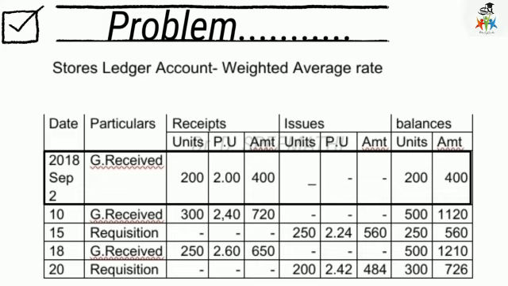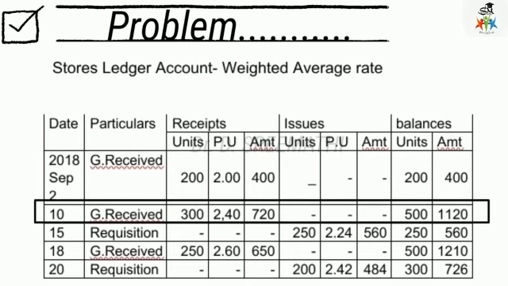Here we are not mentioning any per unit cost in the balance, which is most important. The next goods received are 300 units at 2 rupees 40 paise, 720, and 500 units in balance, 1120.